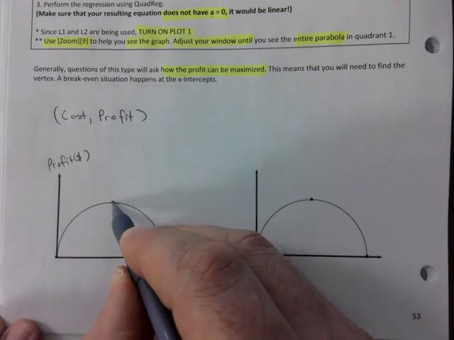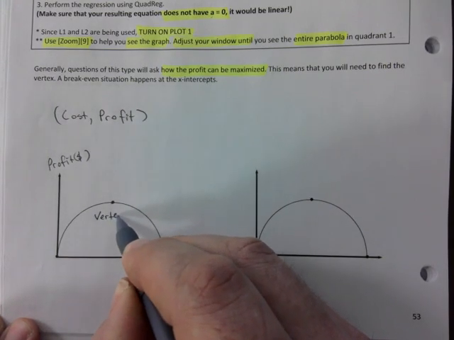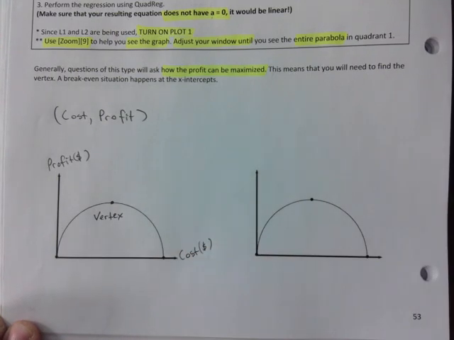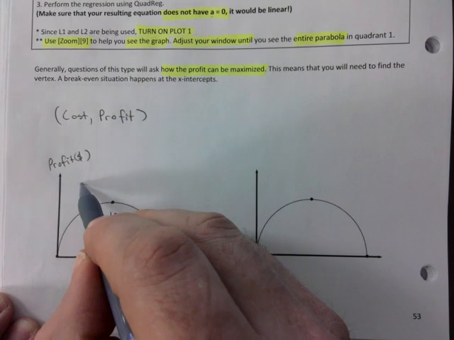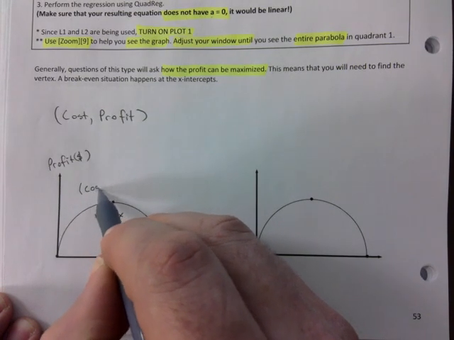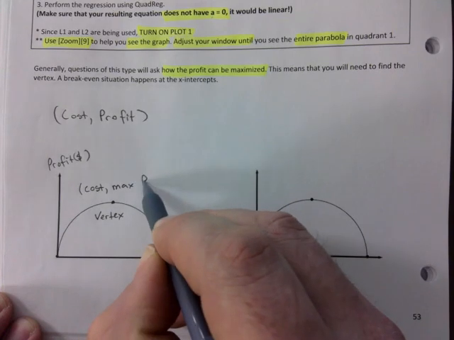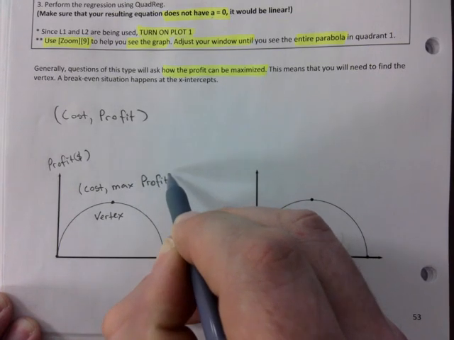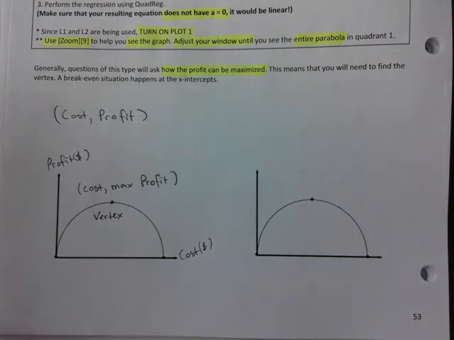And at the vertex, you have the cost that would give you the maximum profit. Okay, not just any profit, you would actually reach the highest, the maximum profit right here.